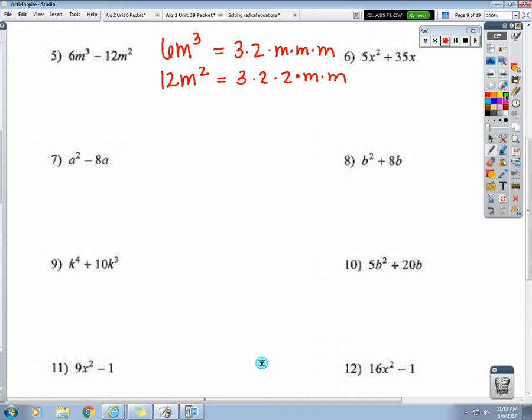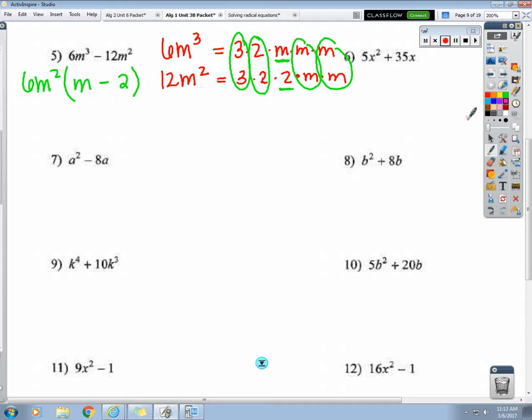So now I see that they both have at least a 3, they both have a 2, and they both have 2 m's. So what does the circled things multiply up to? 6m squared. And then on the top row we didn't circle an m, on the bottom row we didn't circle a 2, and then bring down the minus.